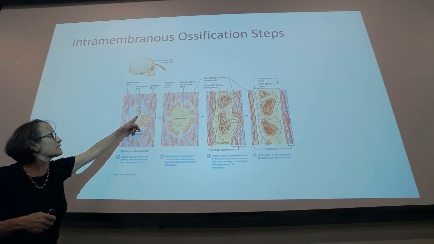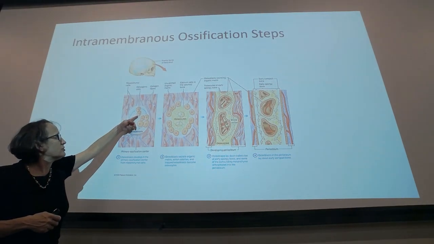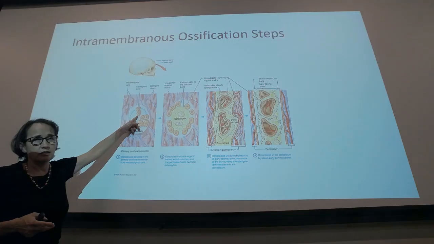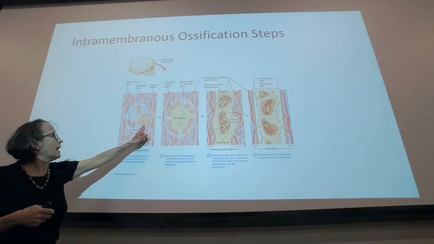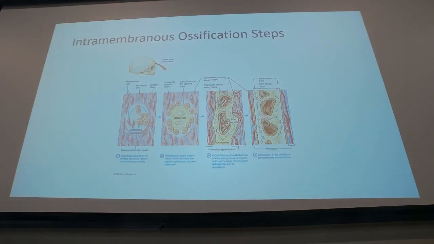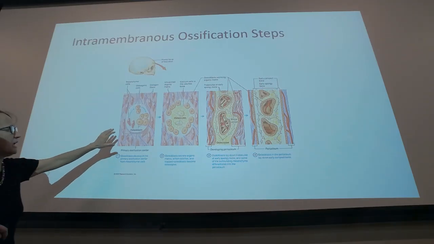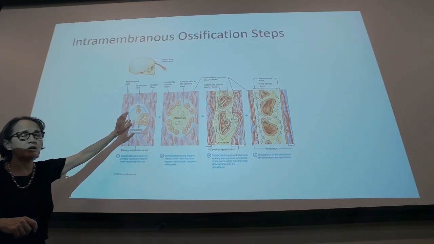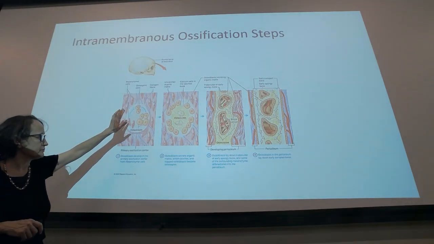And this osteogenic cell is going to differentiate and become an osteoblast. So this is coded in the DNA for these mesenchymal cells to become osteogenic cells and then osteoblasts. Now, this happens in an area that is called the primary ossification center.